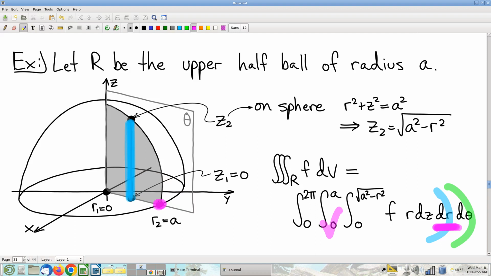This is a ball of radius a, which means that distance is a, which means in this case r equals a at that point. So convenient. Everybody happy with that?